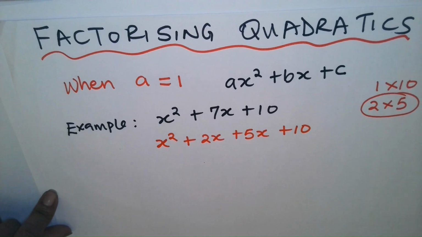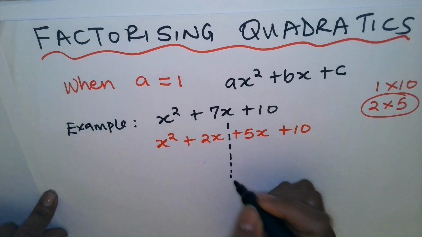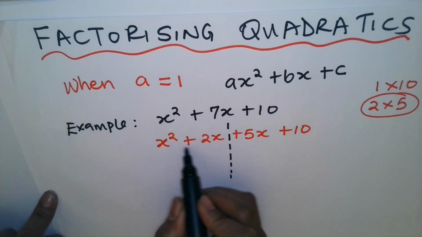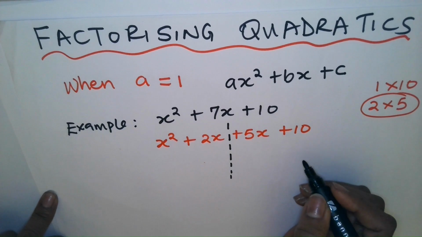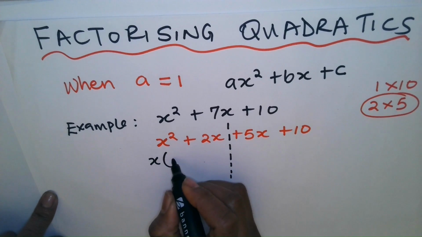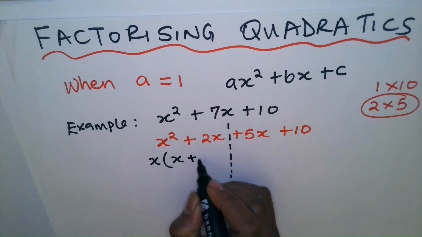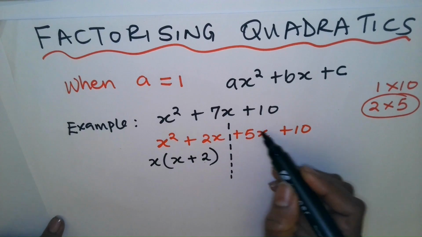So next thing is to have this expression, find the common number for the left hand side and then find the common number for the right hand side. So for this one, we've got that x is common to both terms. So we've got x and then we put x in the bracket plus 2. Bracket closes. Now we deal with this one.